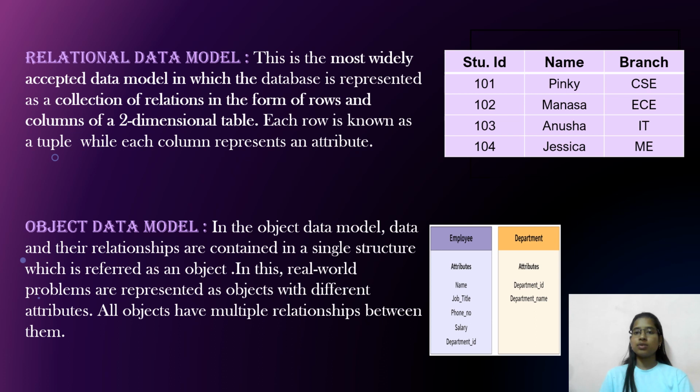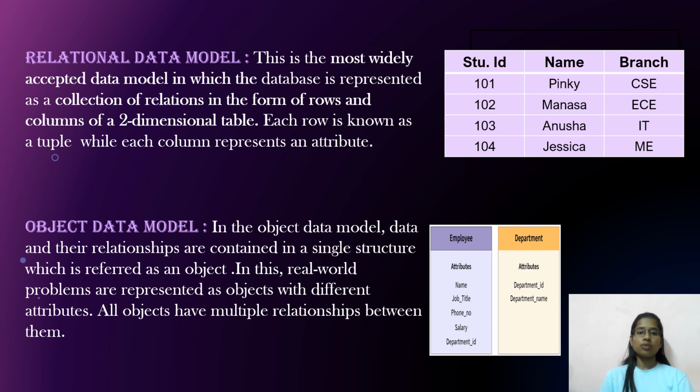So the attributes here are student ID, name, branch, and the rows, as you all can see, 101, 102, 103 and 104. So these are the rows, and here we have three attributes.